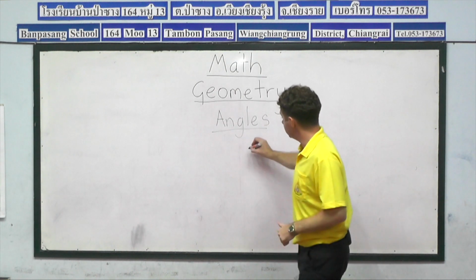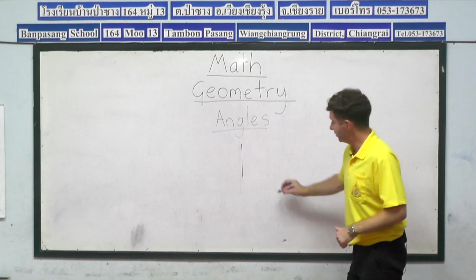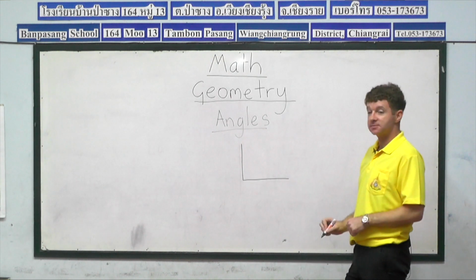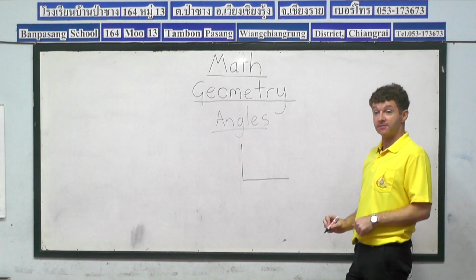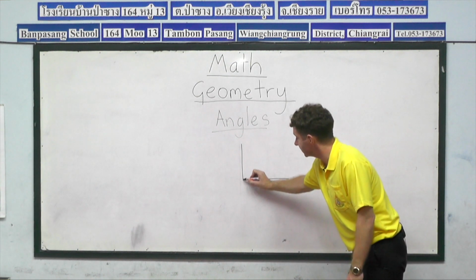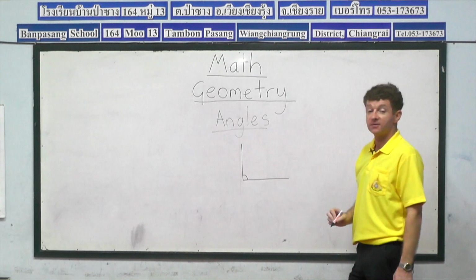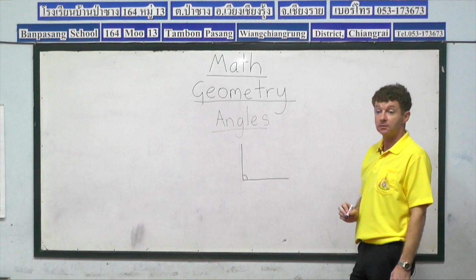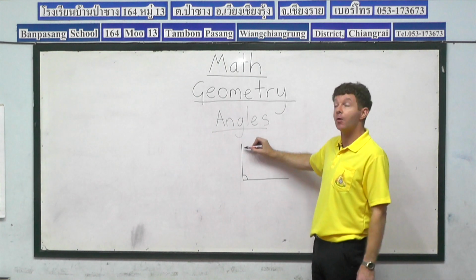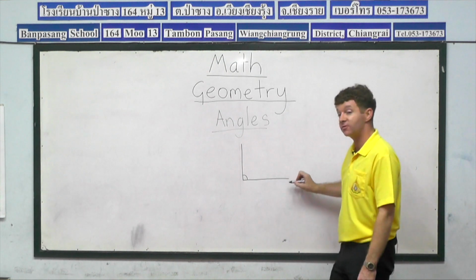So let me say, if I draw one line here like this, and then I draw another line here like this, has an angle been created? Yes, the angle has been created here. The point at which the 2 lines meet is what we call our angle. And remember, guys, we have one vertical line and one horizontal line.